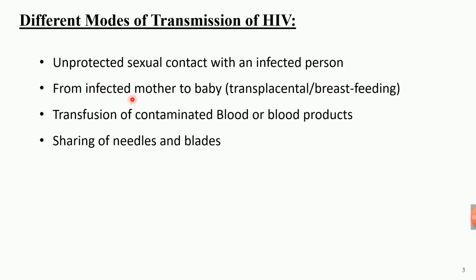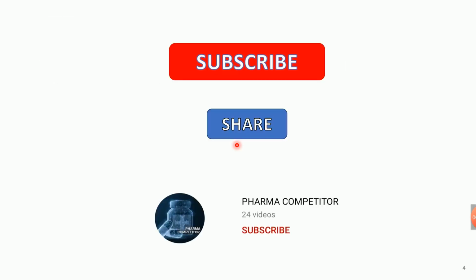Second, HIV infection can be transmitted from mother to baby either via the placenta or through milk while breastfeeding. Next mode is transfusion of contaminated blood or blood products, and last is sharing of needles or blood which has been used by infected persons.